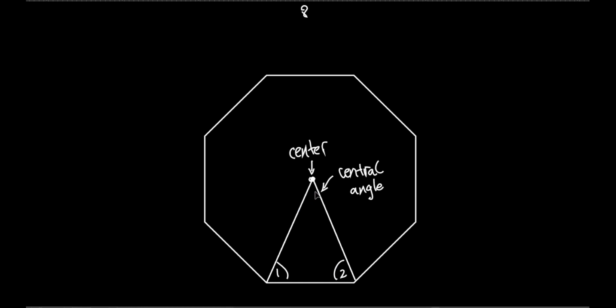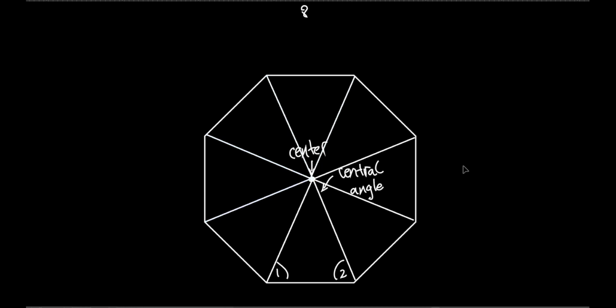So what I want to do, I'll tell you, let me keep going. I'll show you. There's a reason why I'm doing this. I'm going to draw all the radii, so we can come up with this next little formula.